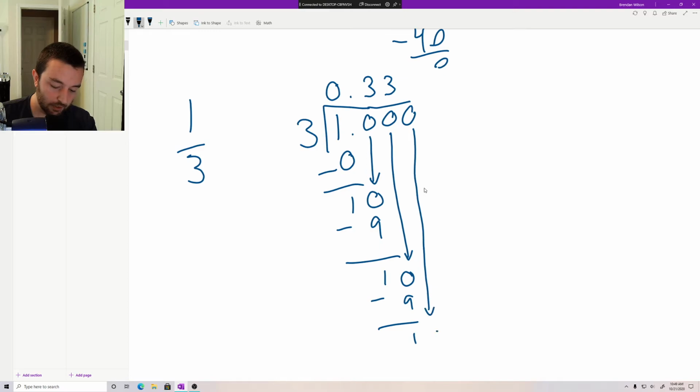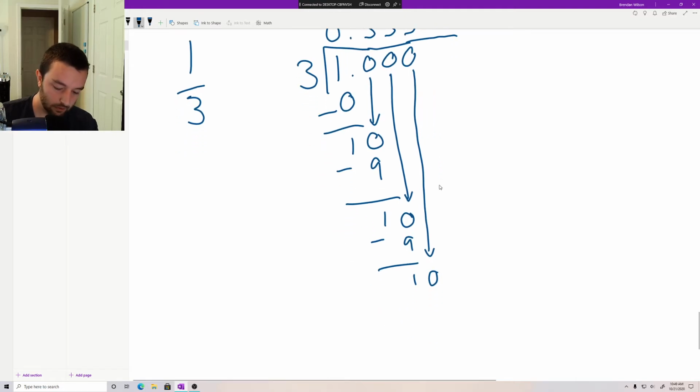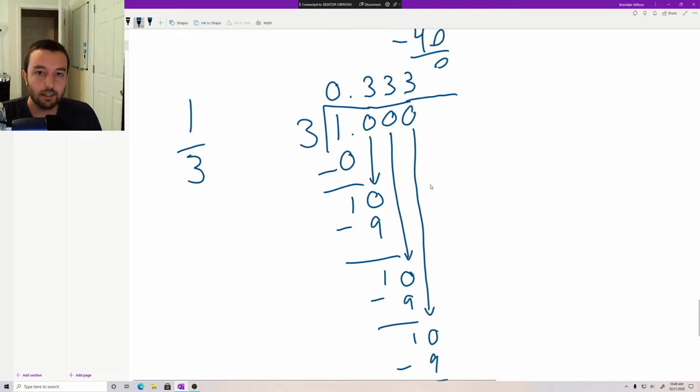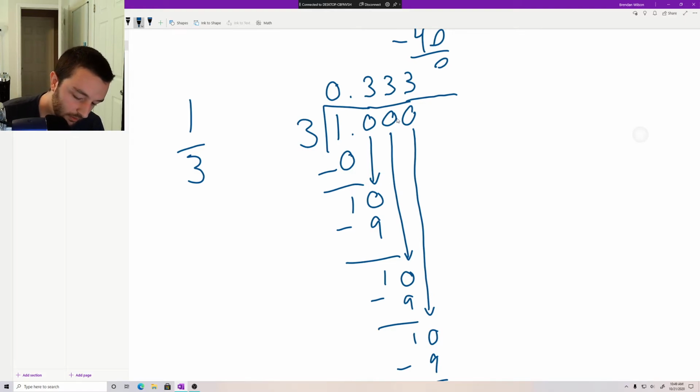And if we keep doing this, we're just going to keep getting 3. And there's no way for this to change, right? So once we see that we're getting the same number over and over again and it's repeating, we can stop. Okay. So this is what we call 1/3 is equal to 0.333.